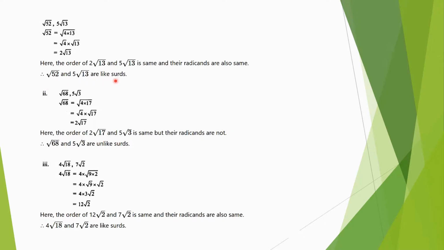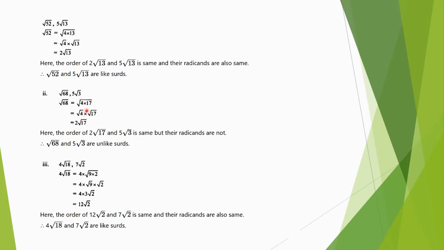Second question, root of 68 and 5 root 3. Root of 68 is equal to square root of 4 multiplied to 17. Square root of 4 can be written as 2. So the answer of root 68 is 2 root 17. Now the next number is 5 root 3.